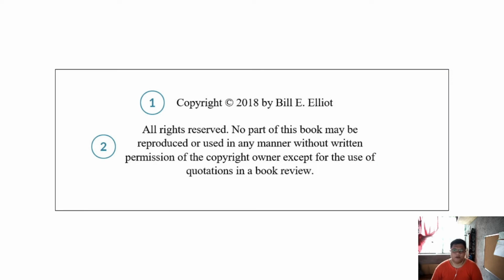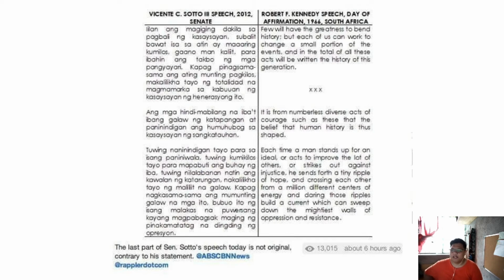Another example, if we're going to see this one, this is a book or a literary piece copyrighted to Bill E. Elliott from 2018. Okay, so we have a famous issue with regards to copyright and plagiarism. It was way back in 2012.